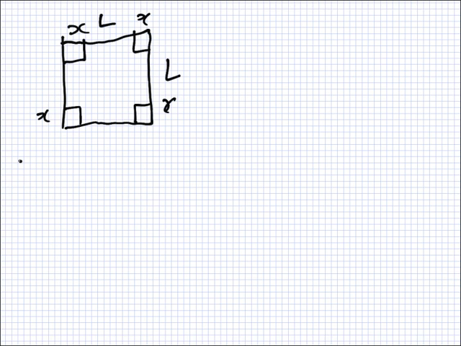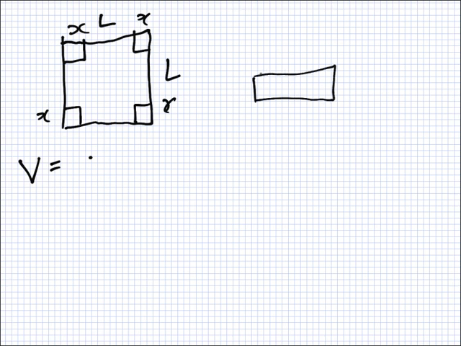The volume, now you'll have to use your imagination. What's the volume here? L cubed? No, because that would be if I didn't cut anything. Well, hang on, do you know what I'll do actually?